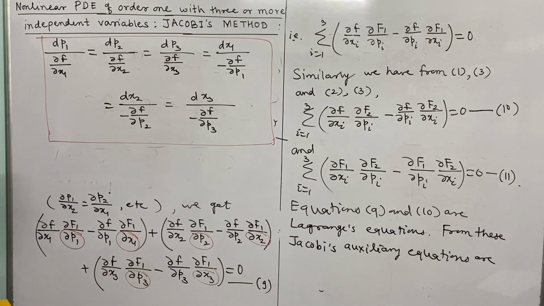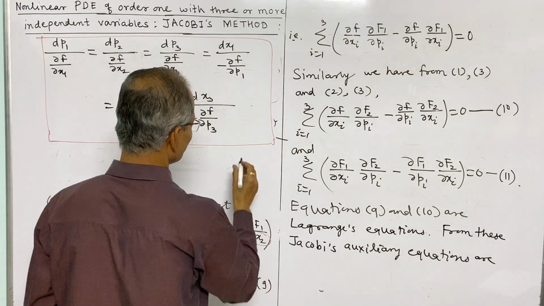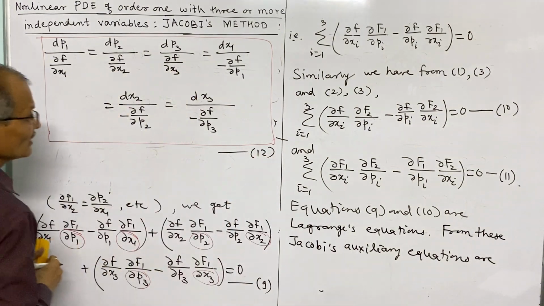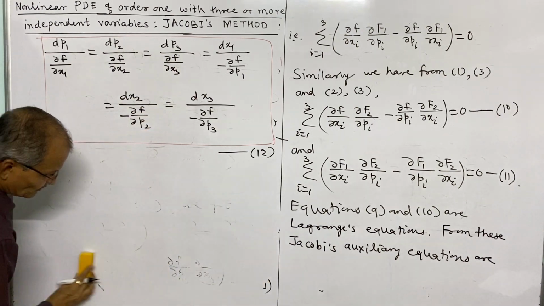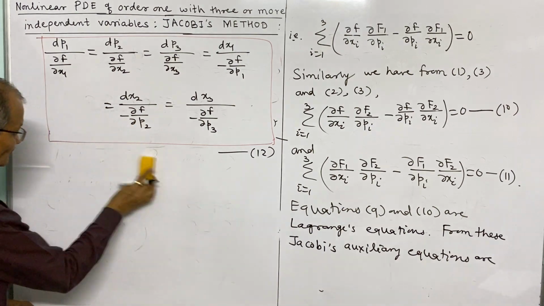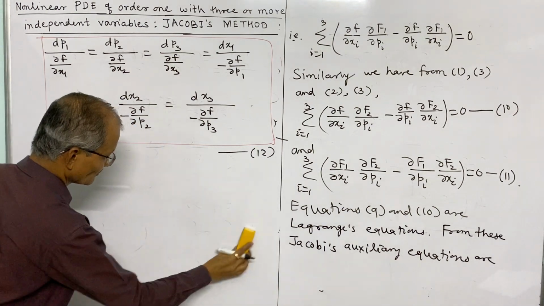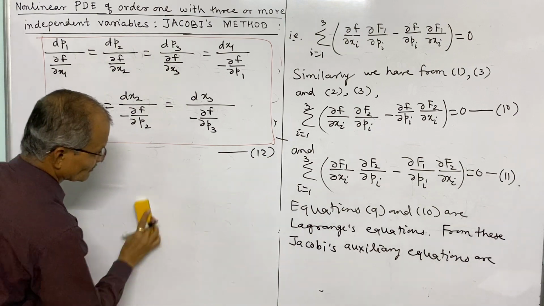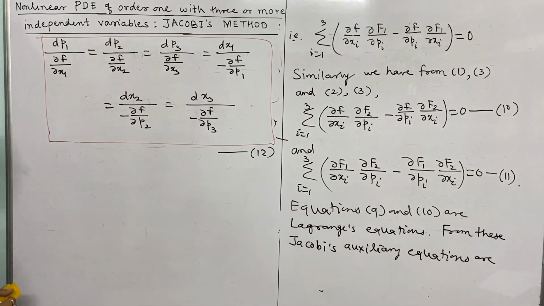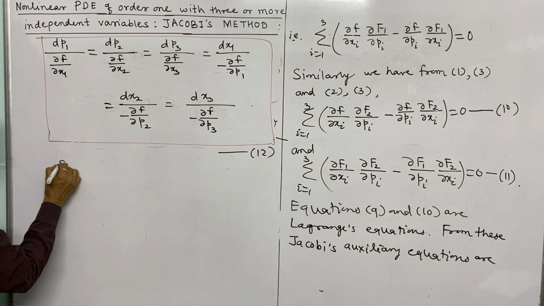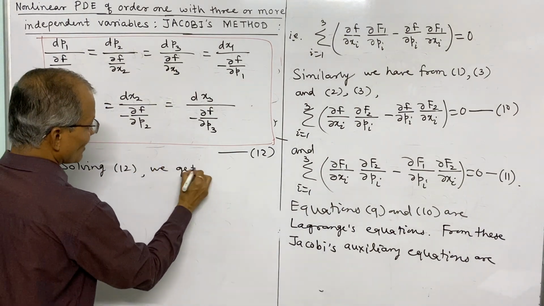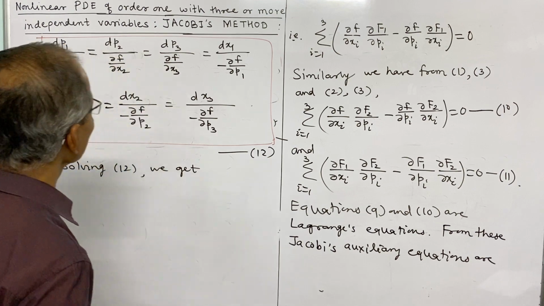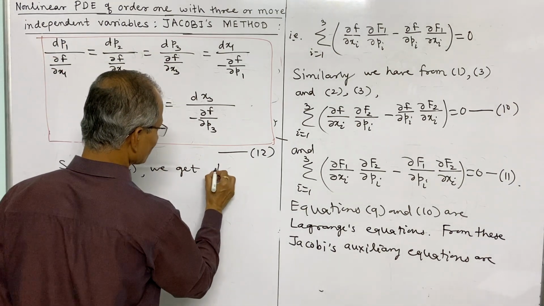So we may suppose these equations as 12. Solving these, we get the values of F1 and F2. And solving these, first we will get the value of P1, P2, etc. Solving 12, we get P1, P2, P3, etc. We get the values.